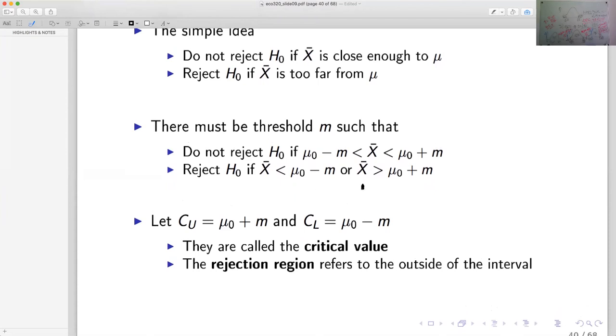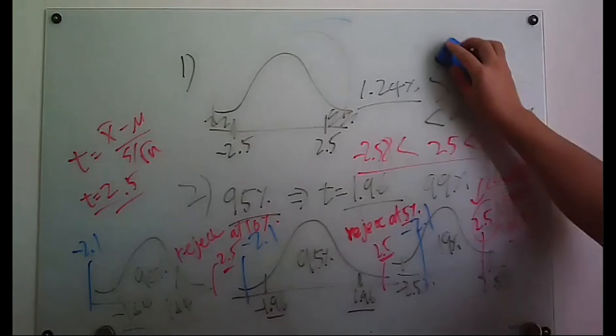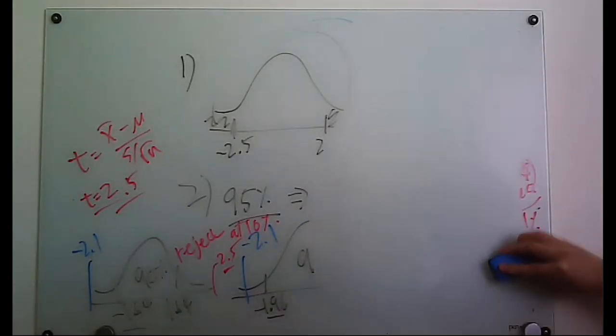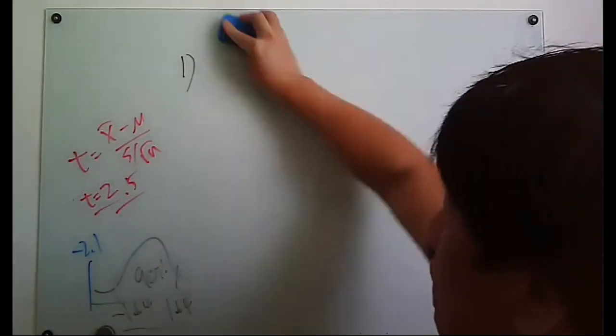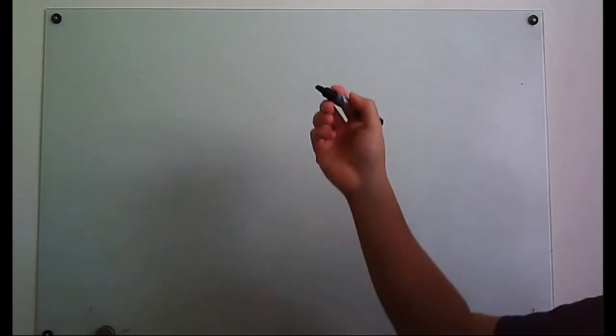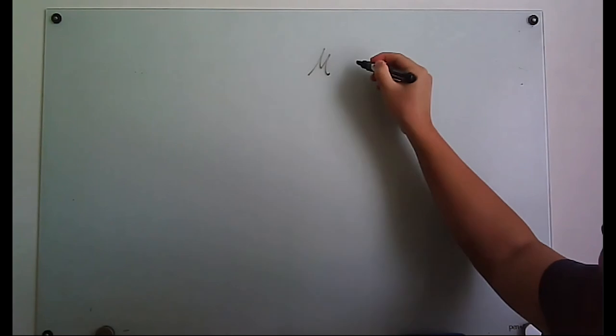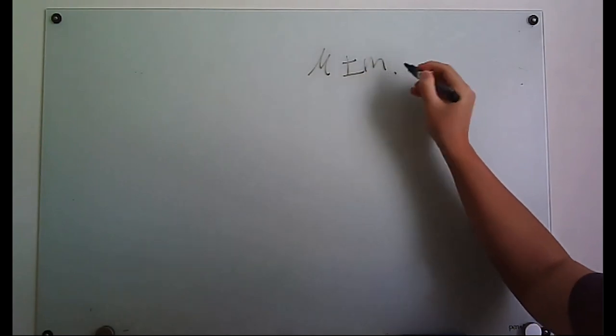Before that, let's define this as CU, the critical value upper bound, which is over here. And this is CL, the lower bound. So how does it work? Previously we learned that for x bar, the critical value would be something like mu plus minus m, right?